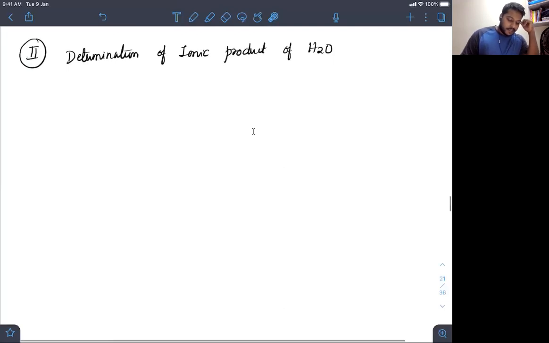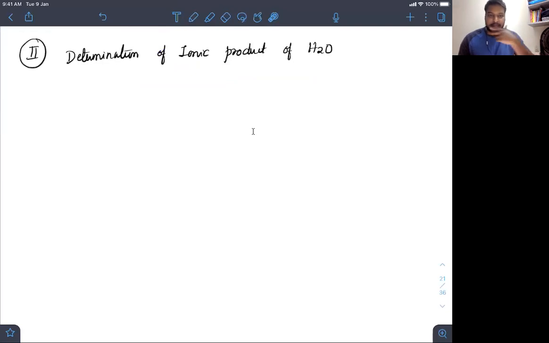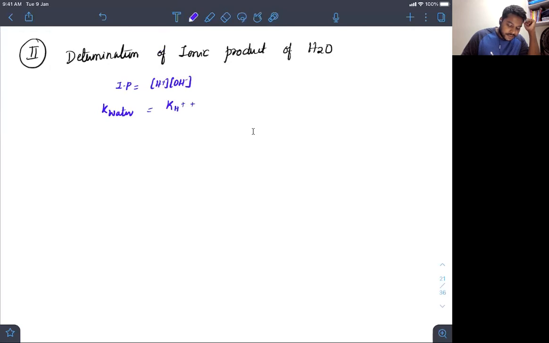Next, determination of ionic product of H2O, that is Kw. How will we calculate Kw? We know that the ionic product IP is equal to H plus concentration into OH minus concentration at any point of time. Okay, so kappa of water, that is the specific conductance of water, can be written as the specific conductance of H plus plus the specific conductance of OH minus. Because it is ions that conduct, so kappa of water will be from H plus and OH minus.